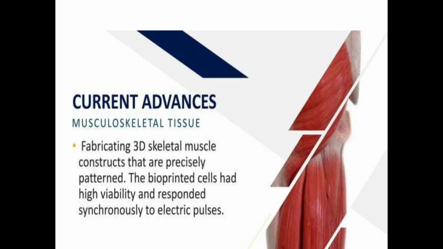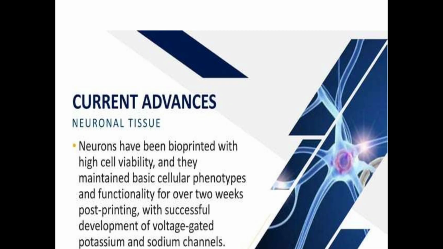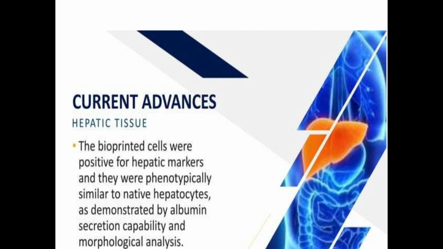These bioprinted cells have the highest viability, responding to electric pulses. Neuronal tissues have been bioprinted with high cell viability and basic cellular phenotypes and functions over 2 weeks post printing, with successful development of sodium potassium channels like a normal neuron.